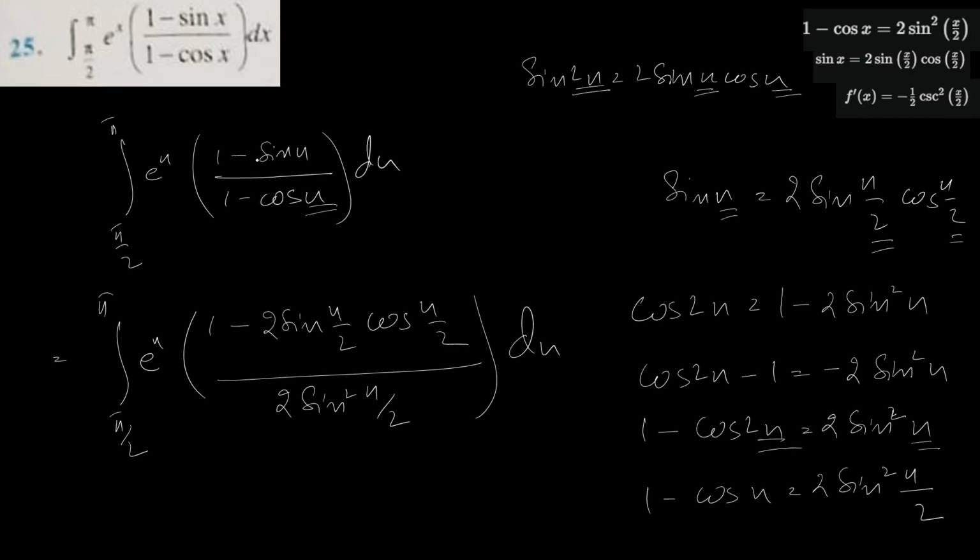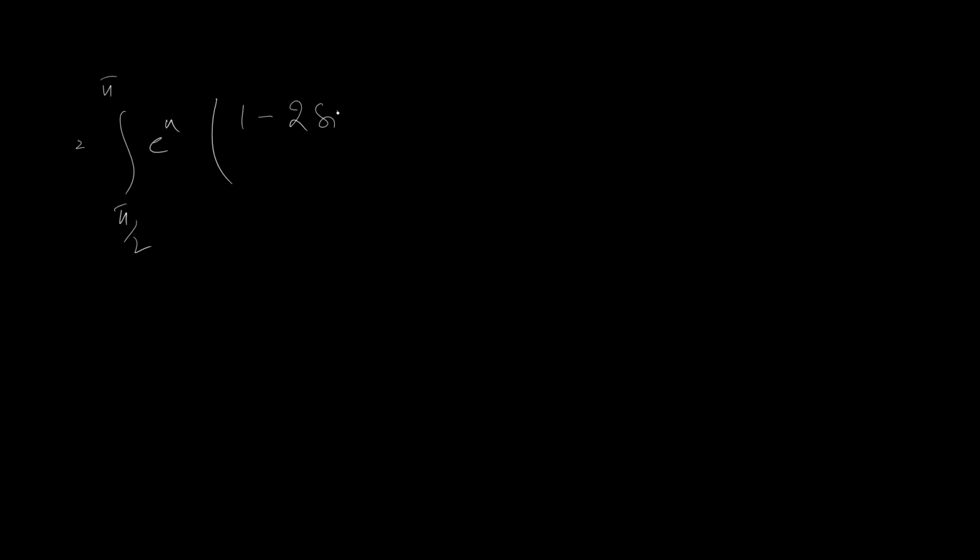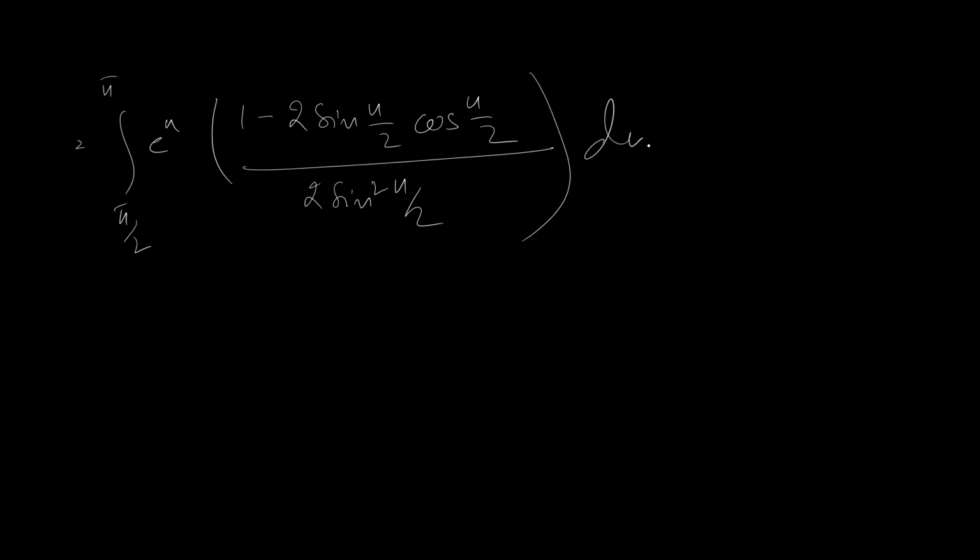So next this equals the integration from pi by 2 to pi of e to the power x times (1 minus 2 sine x by 2 cos x by 2) by 2 sine square x by 2, dx.